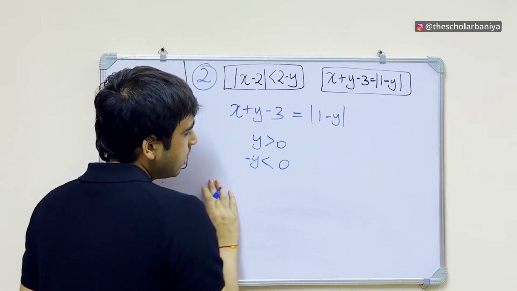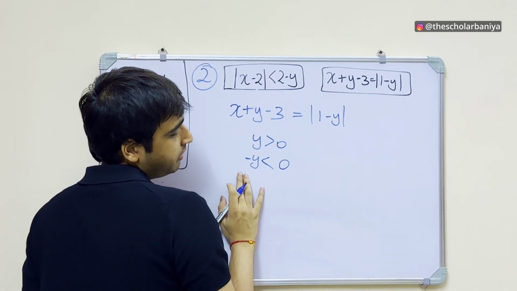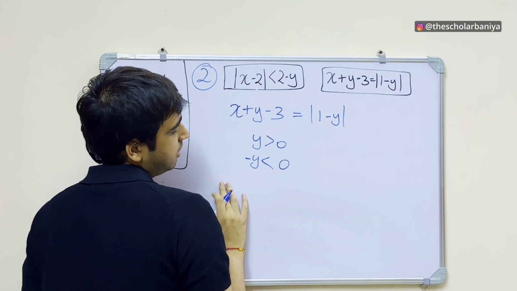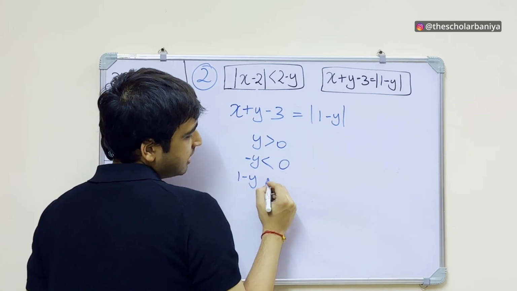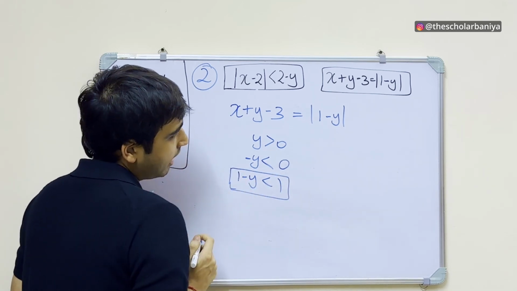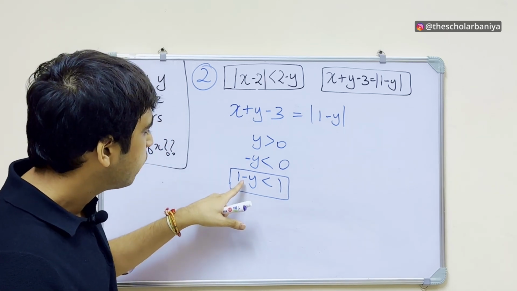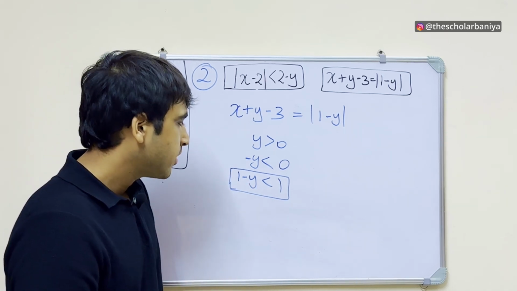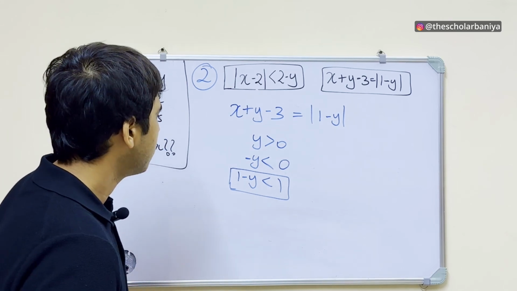Okay. Now, if we add 1 over here, then this will become 1 minus y is less than 1. I hope this should be absolutely fine, right? So 1 minus y is less than 1. Okay, perfect.